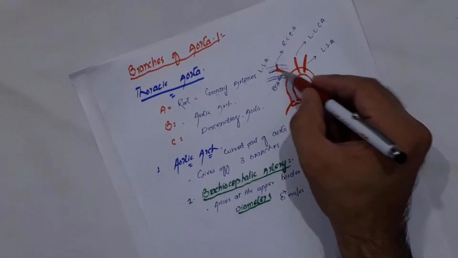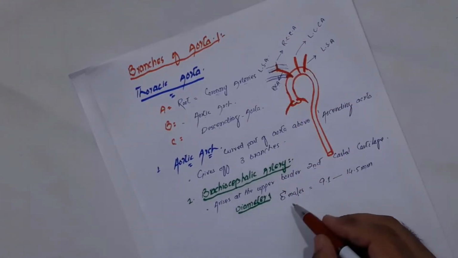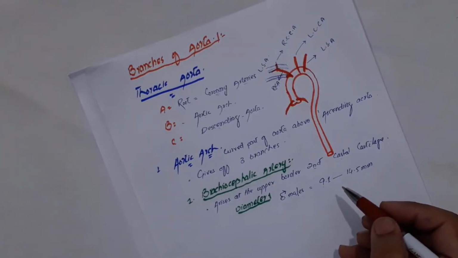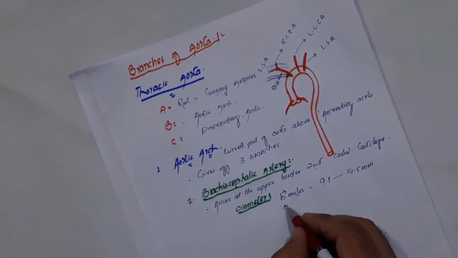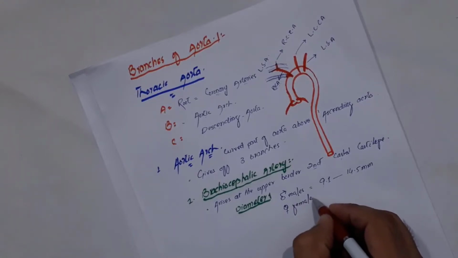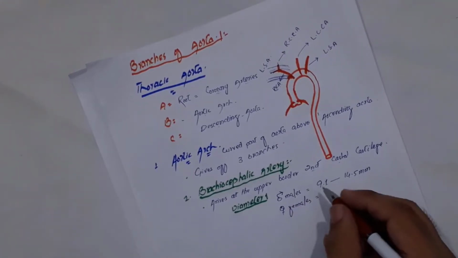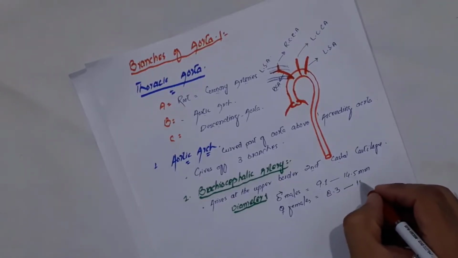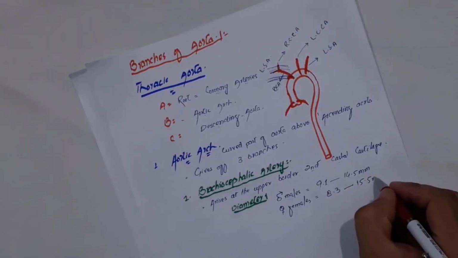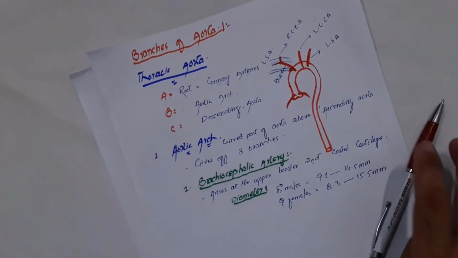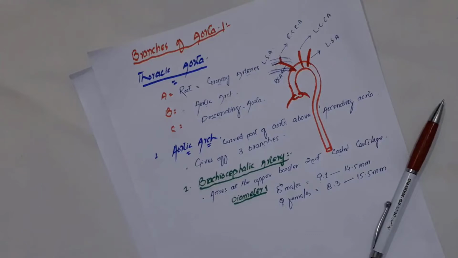The diameter of brachiocephalic artery for males is about 9.1 to 14.5 millimeter, and in case of females, its diameter is about 8.3 to 15.5 millimeter. Okay, this was the diameter of this artery.